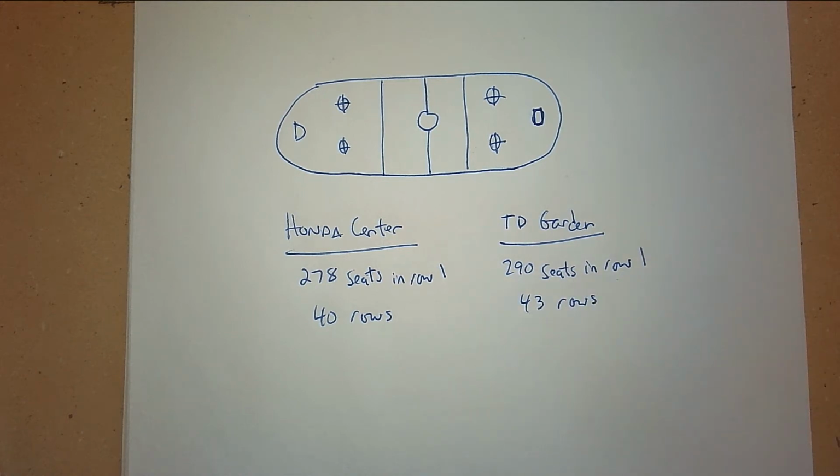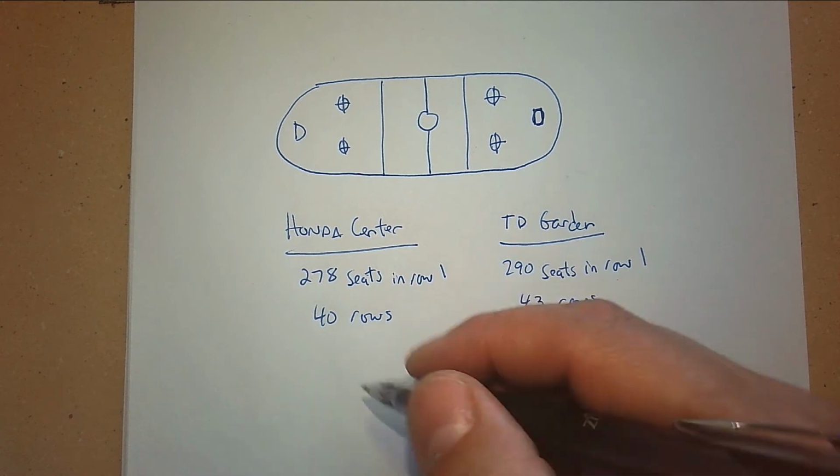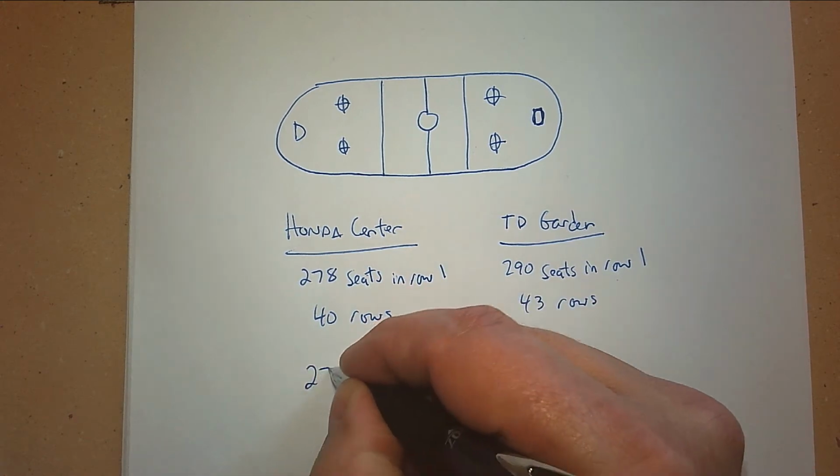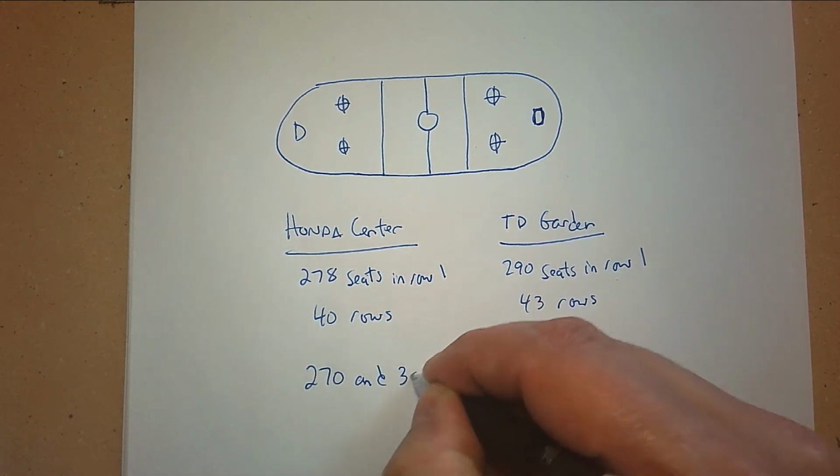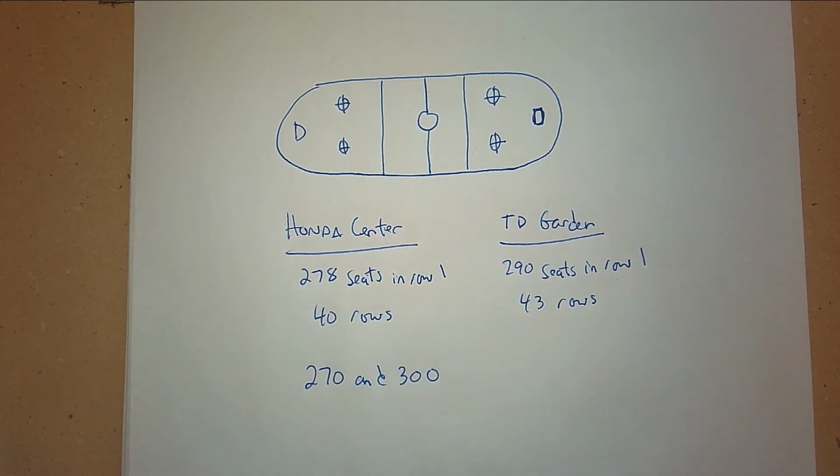Then I looked at other arenas, whether it's Vancouver, Detroit, Toronto, Montreal, all these places at hockey rinks. This is what I noticed, that for the number of seats in the first row, they were all between 270 and 300. So no matter what rink I picked, it was in between those numbers.